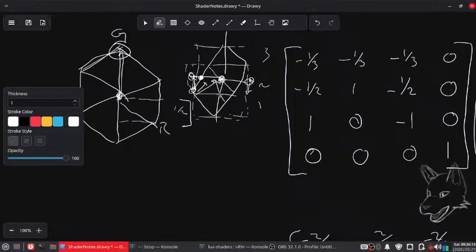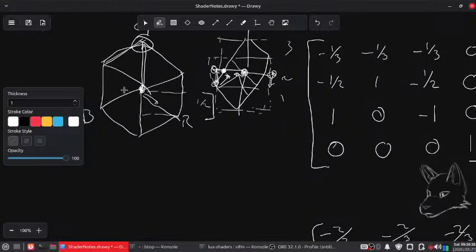Because it is lifted, like this point right here. We want to do a little bit here, a little bit here, to lift this up, and that will bring it in a little bit too.